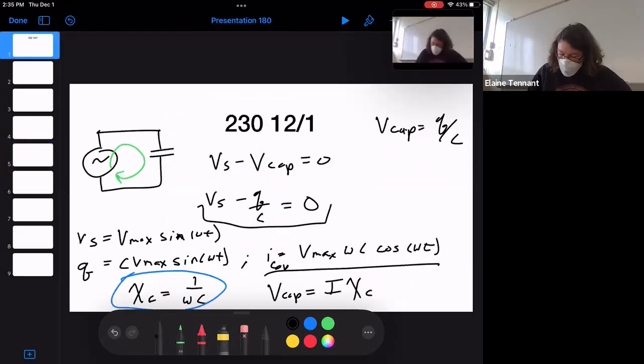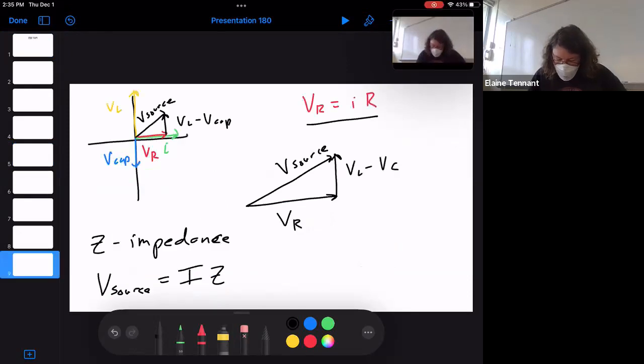And I know the same thing for the capacitor: the voltage across the capacitor is I times its reactance. And so if I want to talk about how to add all these reactances and resistances together, a good way to get there would be through the voltages of each component. So that's what I'll do.